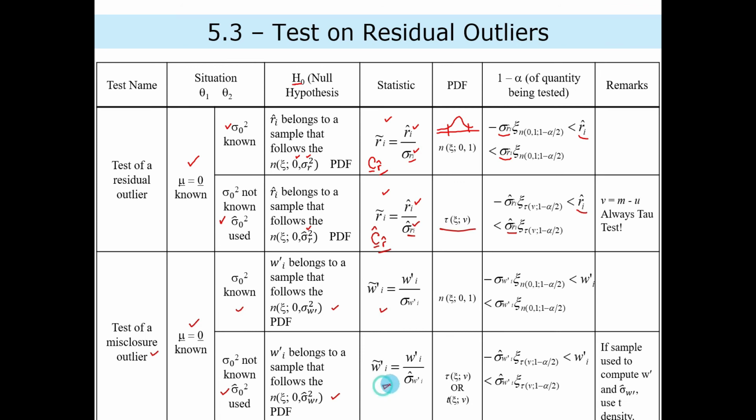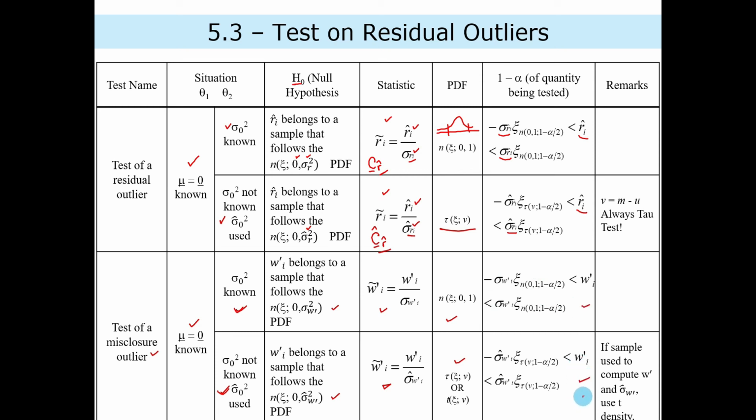We use standardized misclosures. We are going to use the normal distribution if we know the a priori variance factor, or we're going to use either the tau or the t distribution if we don't know the a priori variance factor. So here we have the statistical statement.